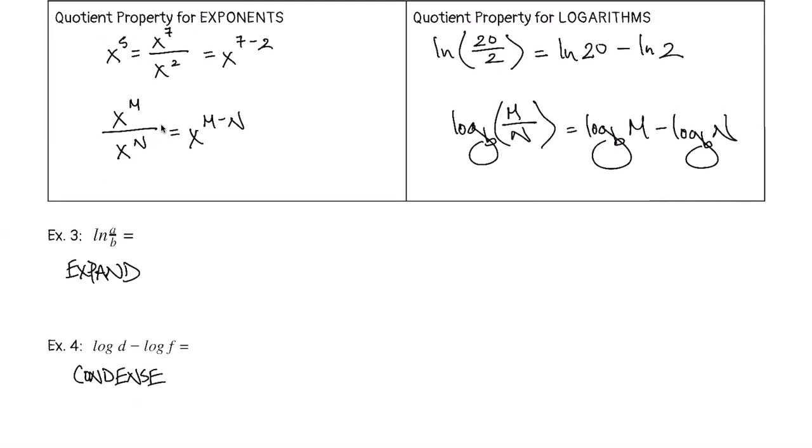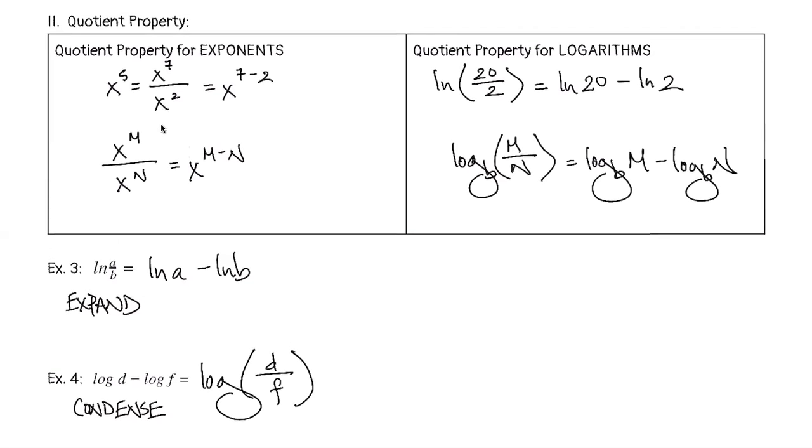So when I expand number 3, I'm going to get natural log of A minus natural log of B, just like we said for the numbers, natural log of 20 minus natural log of 2. Okay. Now, when we condense example 4, we get log of D over F. Okay. All right, any questions about the quotient property?